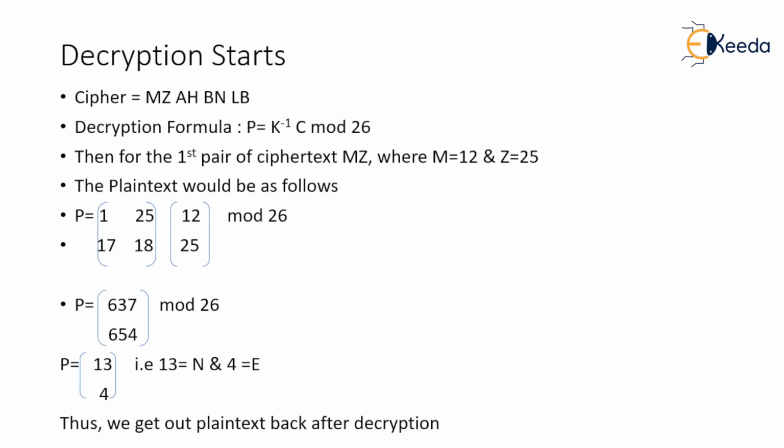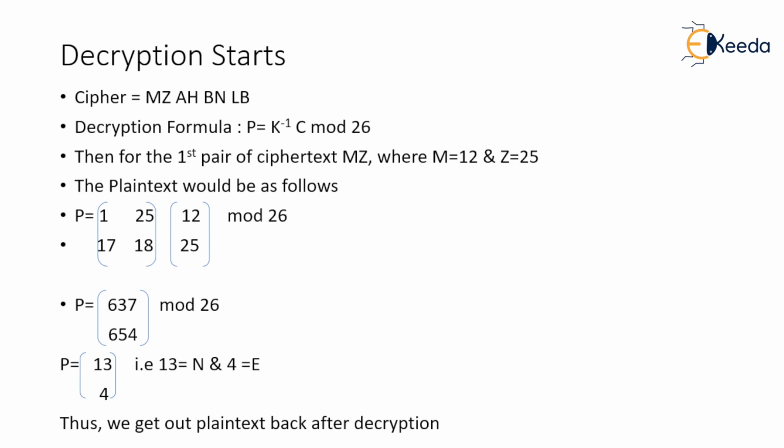If we compare these numerical values with the alphabets, 13 corresponds to N and 4 corresponds to E. That means after decryption, the first ciphertext pair MZ has been converted into its corresponding plain text pair NE. Thus we get our plain text back after the decryption process.